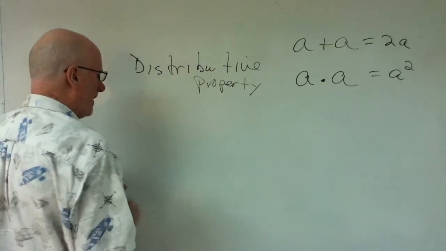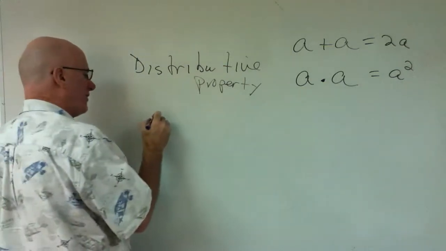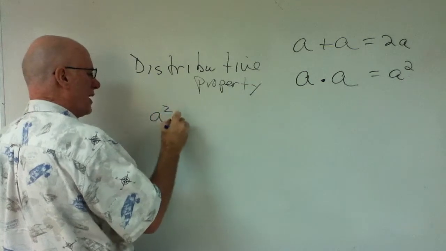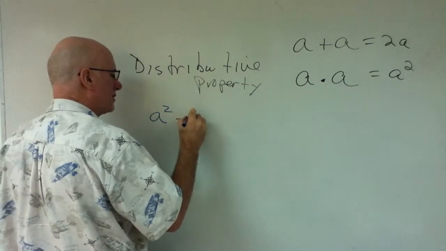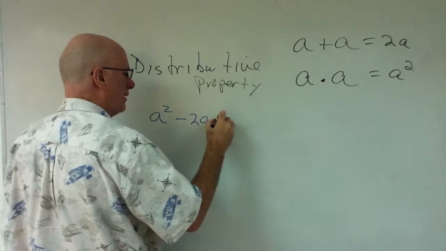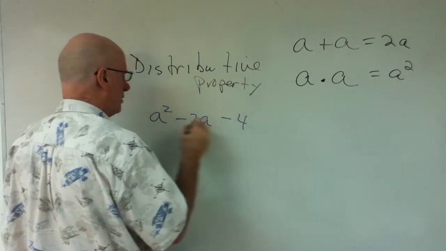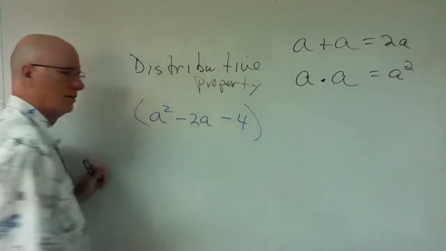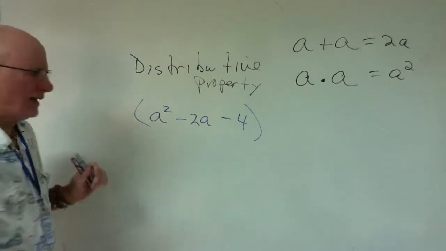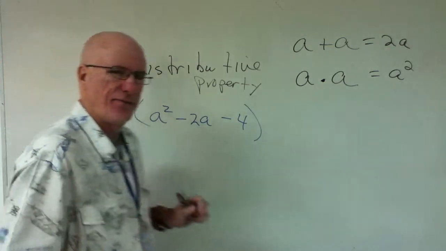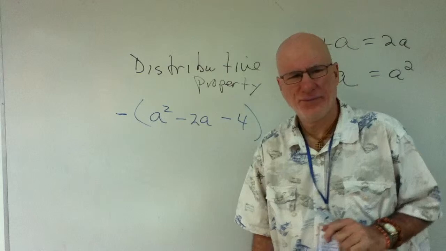If I have this, let's say a squared minus 2a minus 4. And let's say I just have a negative sign out there. What do I do?